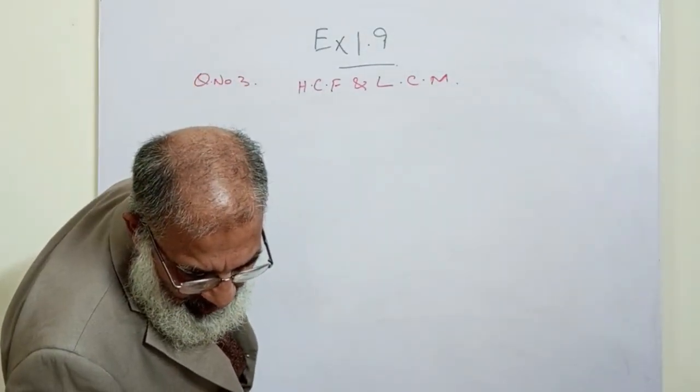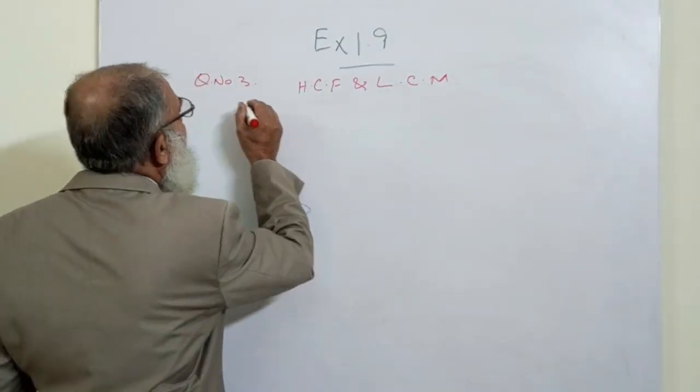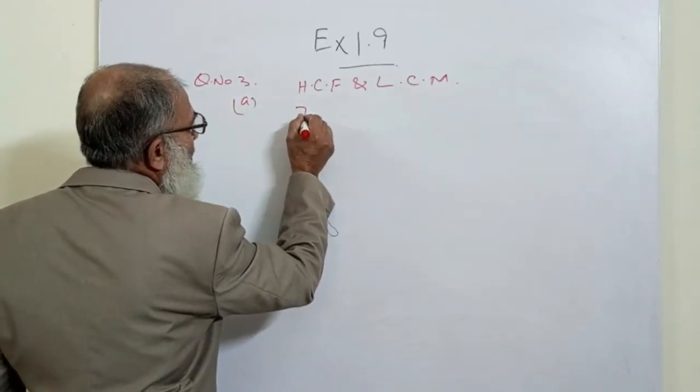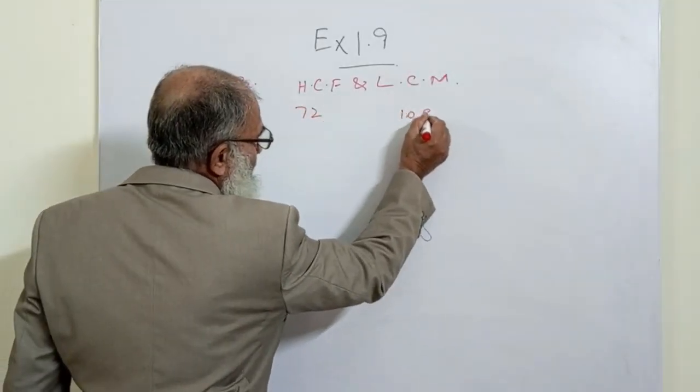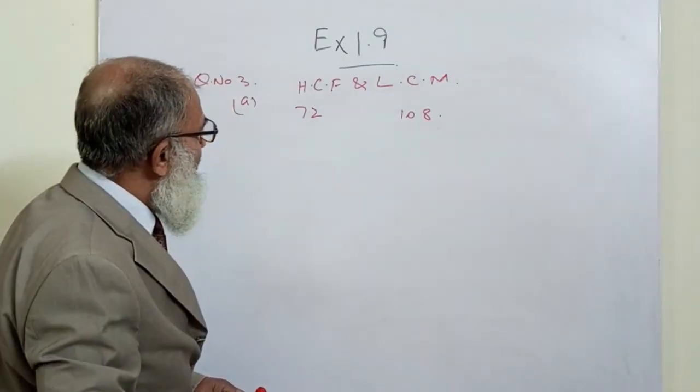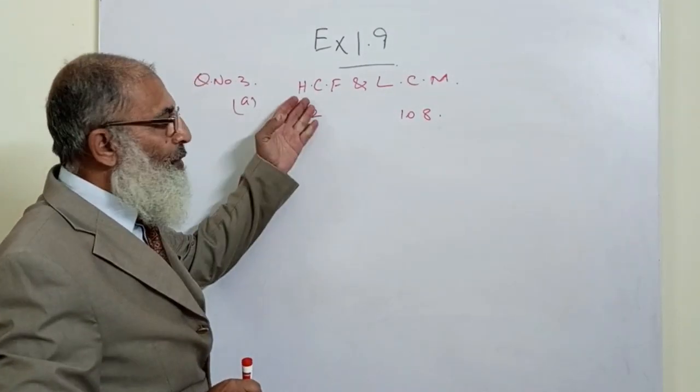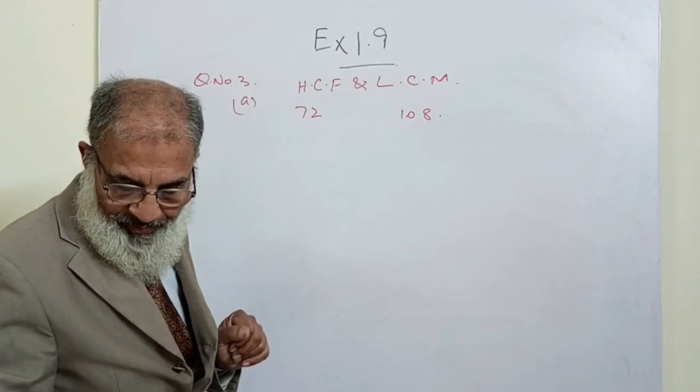Now the first numbers are 72 and 108, part A. I have to find both HCF and LCM.